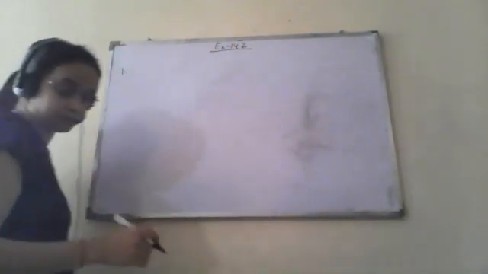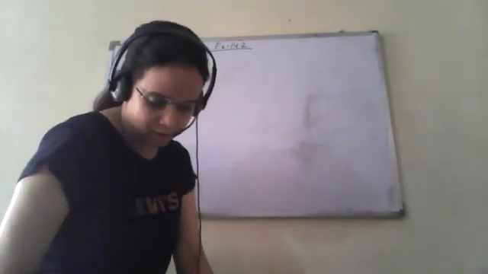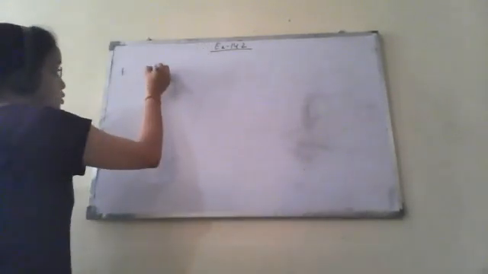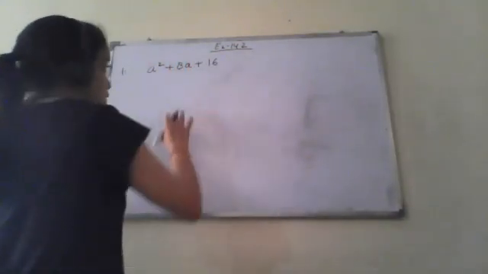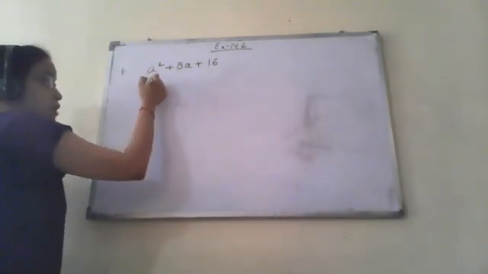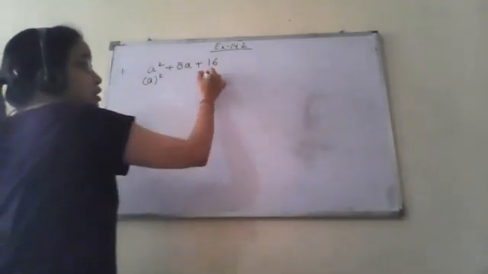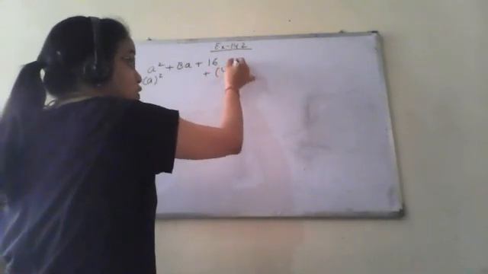This is question 1, and the first part is a square plus 8a plus 16. Now this a square can be written as a whole square. This 16 can be written as 4 whole square.